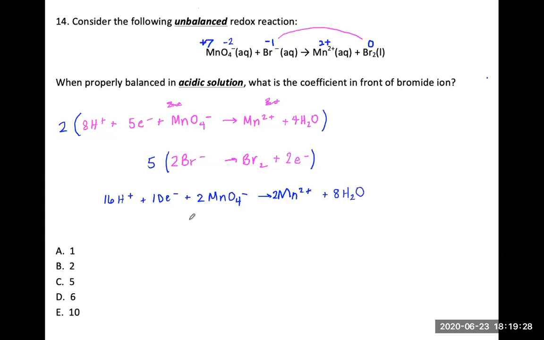Okay, so there's our first half reaction once we've multiplied everything by 2. And then we'll have our second half reaction. It's funny, it's like my digital pen runs out of blue ink sometimes.